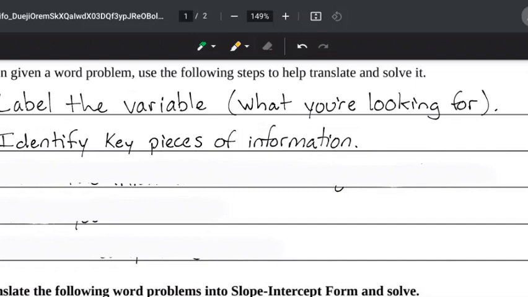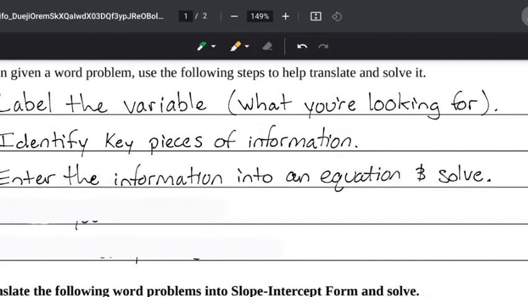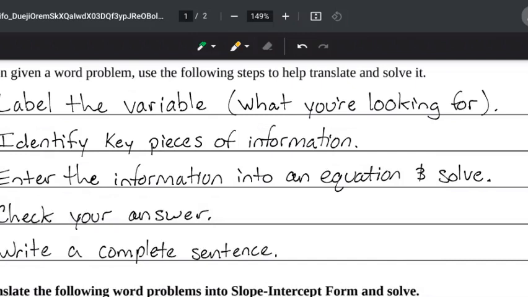Our third step is to enter the information into an equation and then solve. Step 4, check your answer. And step 5, write a complete sentence. So we're going to follow these steps when we go through the next few examples.